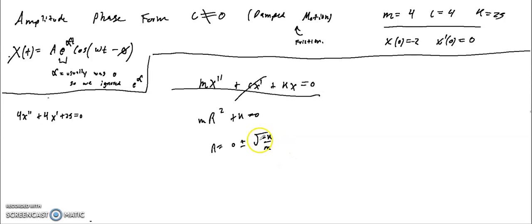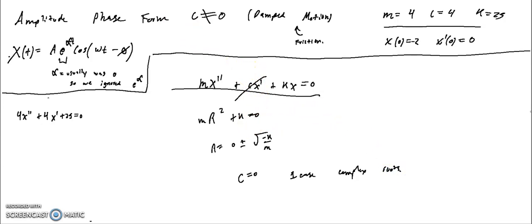And the square root of a negative number would always be a square root of a negative number, and that would mean complex roots. So if c equals 0, you only have one case, which is complex roots.